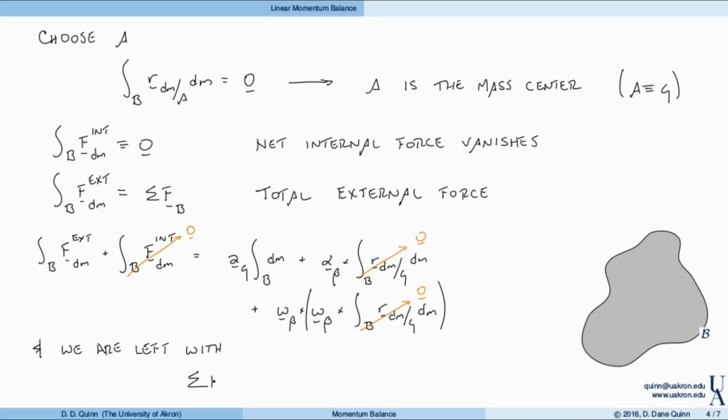Sum of the forces acting on the body is equal to, well, this is just the integral of all the little mass elements. So this is the total mass of the body times the acceleration of the mass center. So again, when I integrate all of the mass elements over the body, I just get the mass of the body. And this is linear momentum balance.